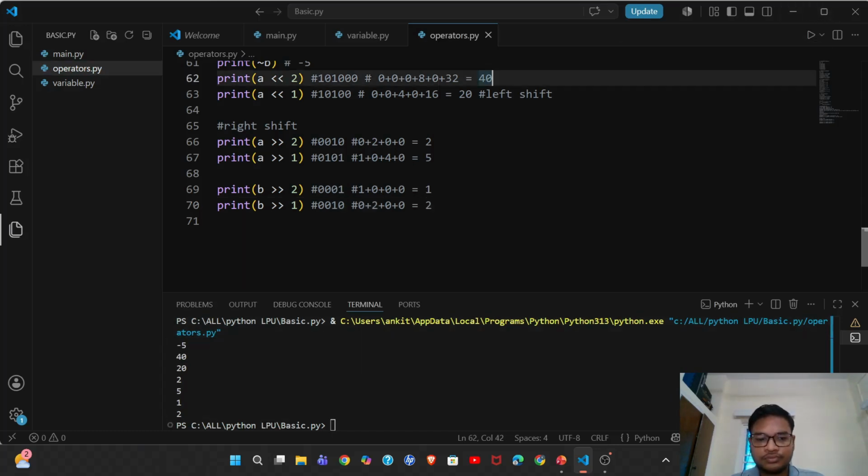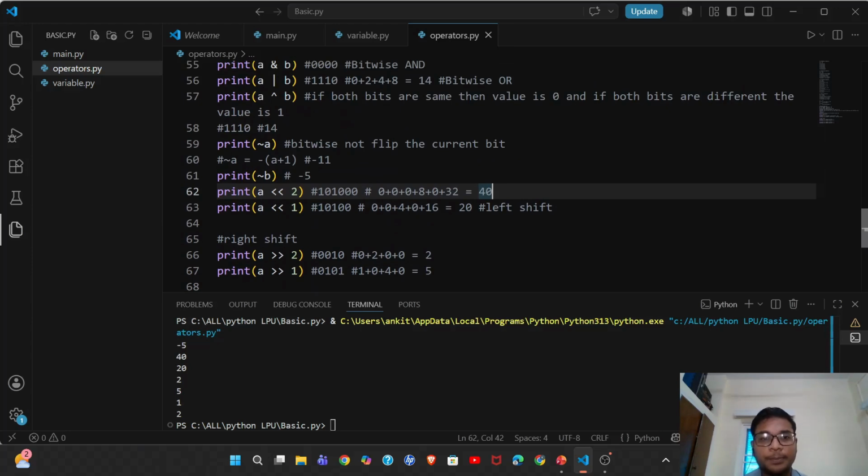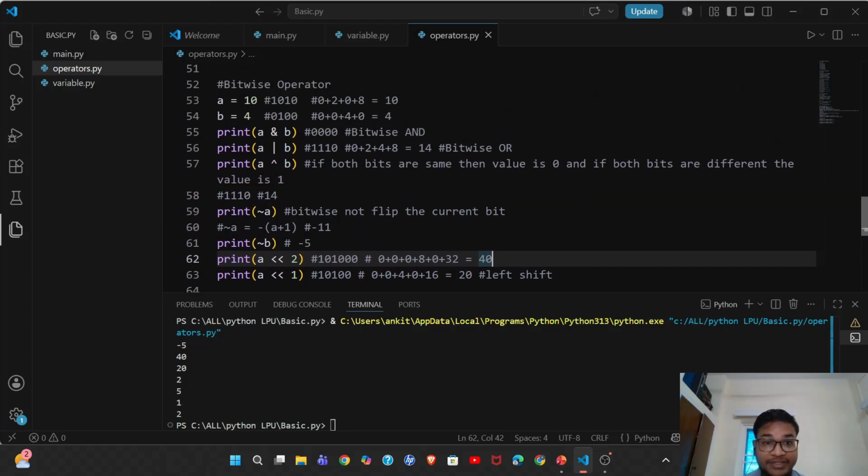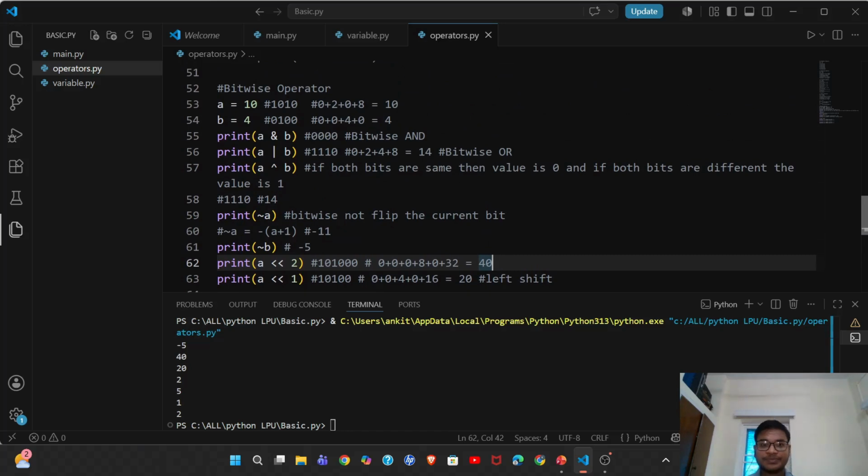Also run 2. Okay, so this is all about the bitwise operator. I think I really told all about the bitwise operator clearly.